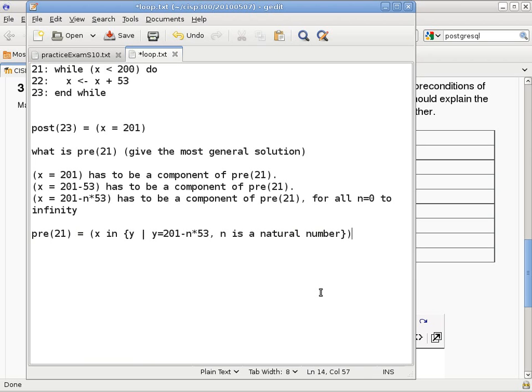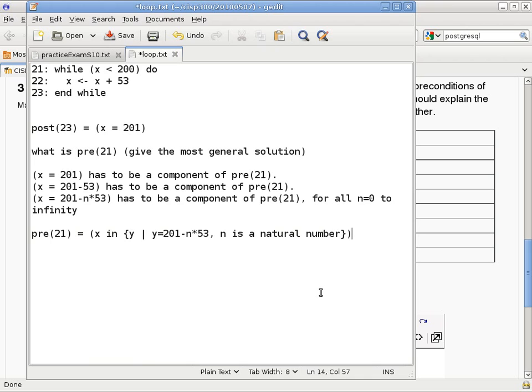For all n, positive integers, for all n is a natural number. That would be the way I would express it, using the proper element-of notation and all that stuff.